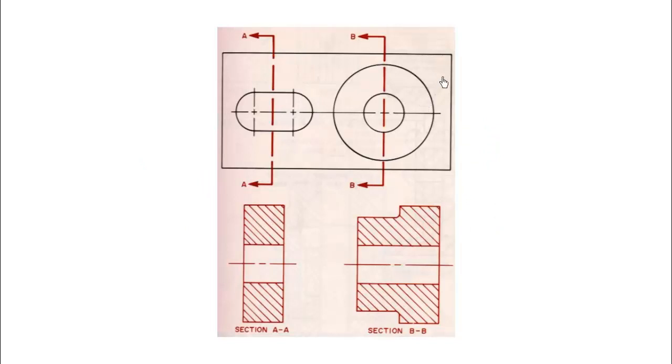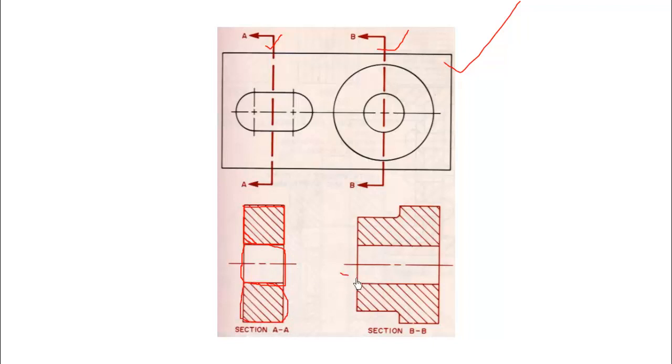We'll take another example. Here, two sections have been taken: section AA from this slot and section BB from this hole. And how will it look? If you see section A, this part is the solid part and it is shown with this drawing, and then you have the slot part, that is the hollow section, and then finally you have this solid part.